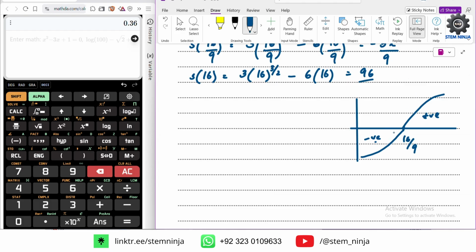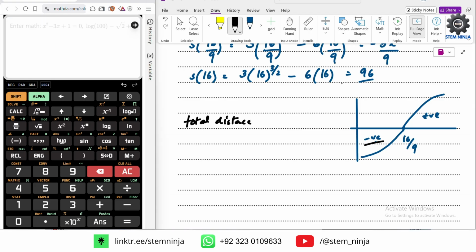We need to turn this negative into positive, right? So that's what we need. For total distance, we can't just simply add 96 with 32 over 9. We have to employ a different method.